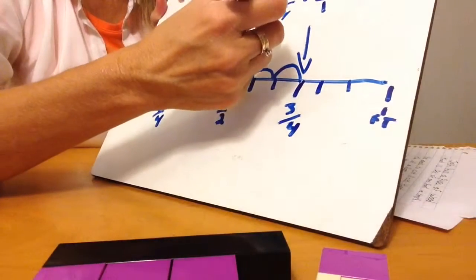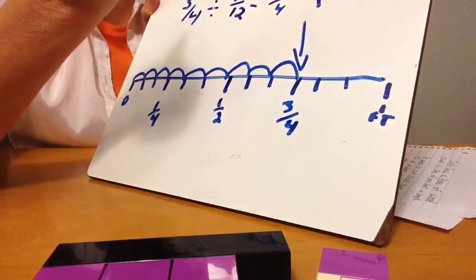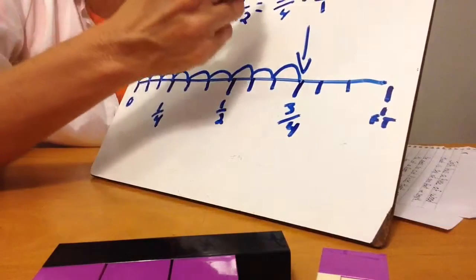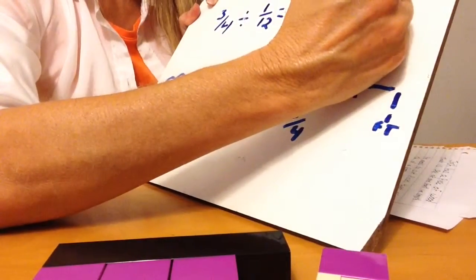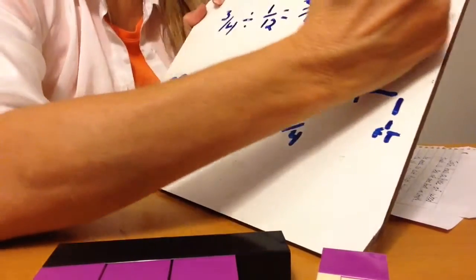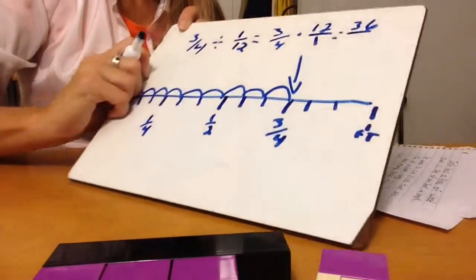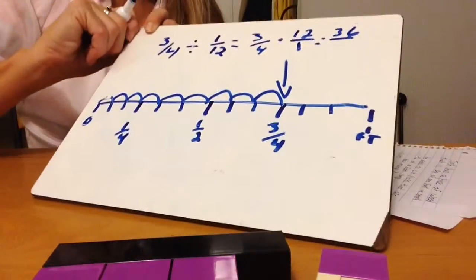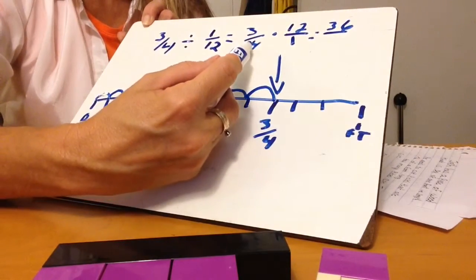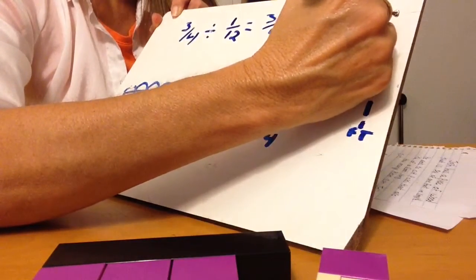So we have the first fraction times the reciprocal of the second fraction. So now we're going to multiply the numerators. 3 times 12 is 36. And then we'll multiply the denominators. 4 times 1 equals 4.